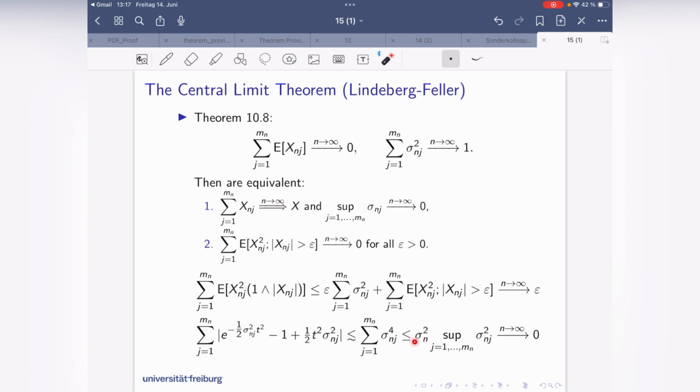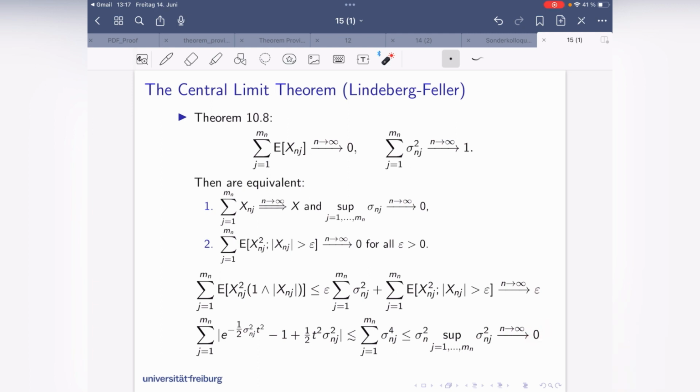So I have something which is a constant times something which converges to 0, because I have already shown that this holds, since in the first part we had that this implies what we just need, and it also converges to 0.